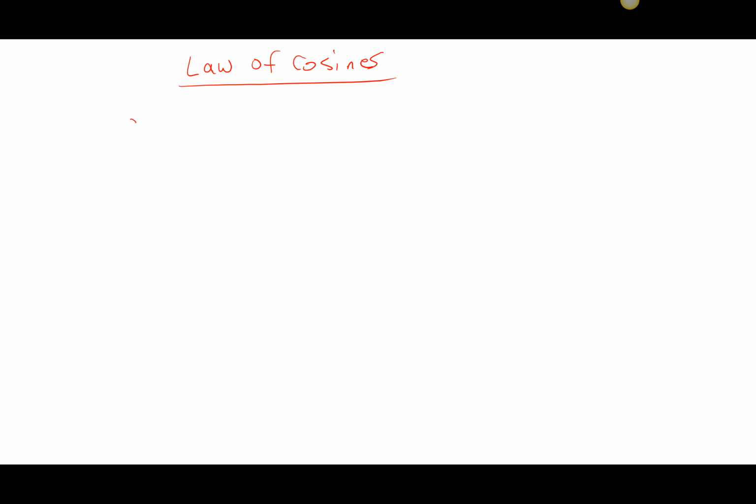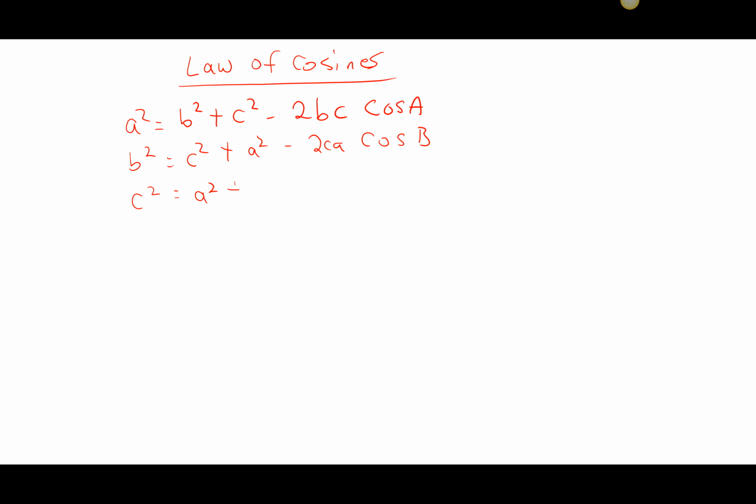On law of cosines, it's going to be a squared equals b squared plus c squared minus 2bc cosine A. And again, don't memorize these formulas. b squared equals c squared plus a squared minus 2ca cosine B. And then c squared equals a squared plus b squared minus 2ab cosine C. So these will all be given.